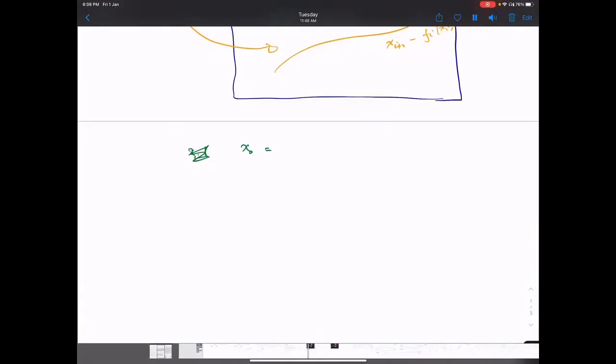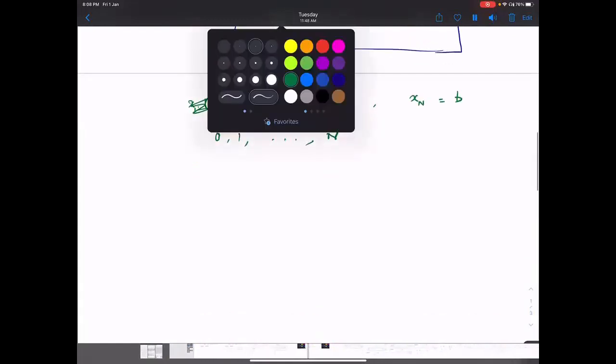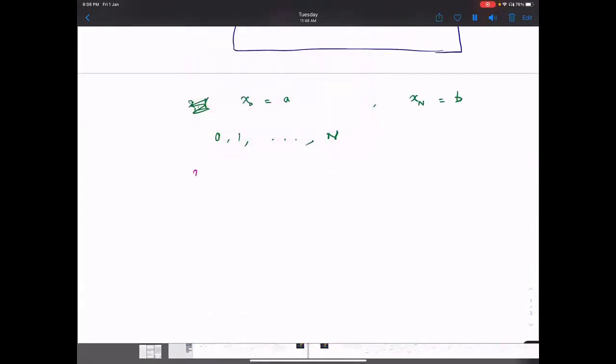Let's call that x_0 equals a, and x at some stage n equals b. So you have stages 0, 1 through n, and therefore you apply controls u_0, u_1 through u_{n-1}.